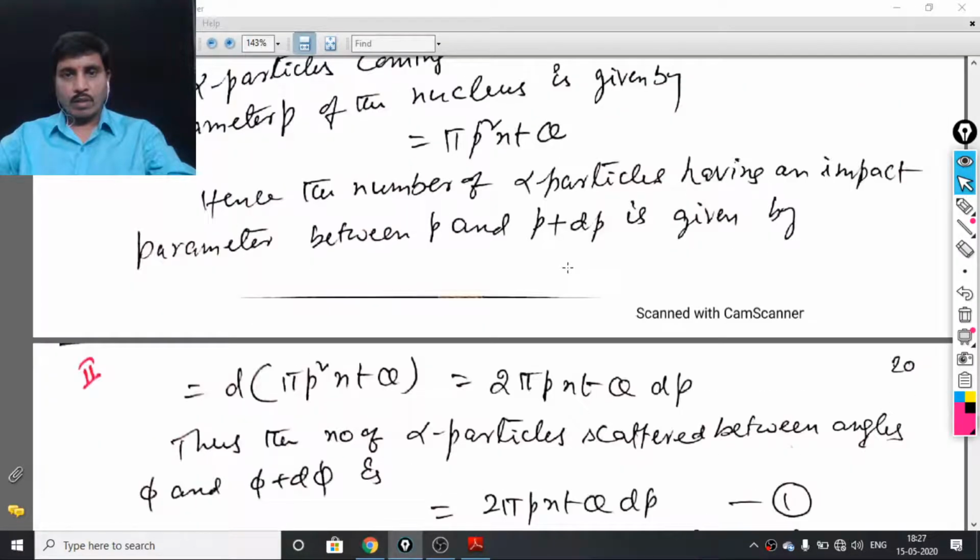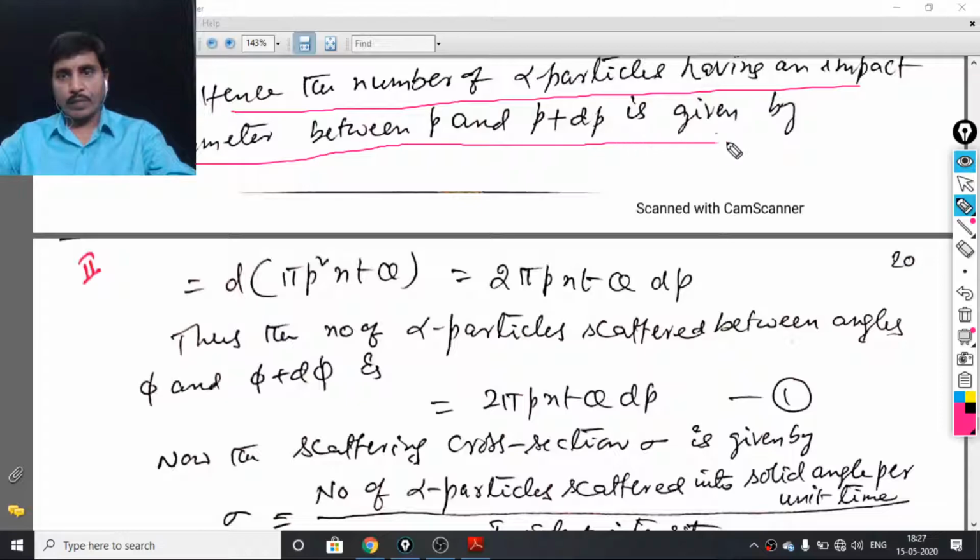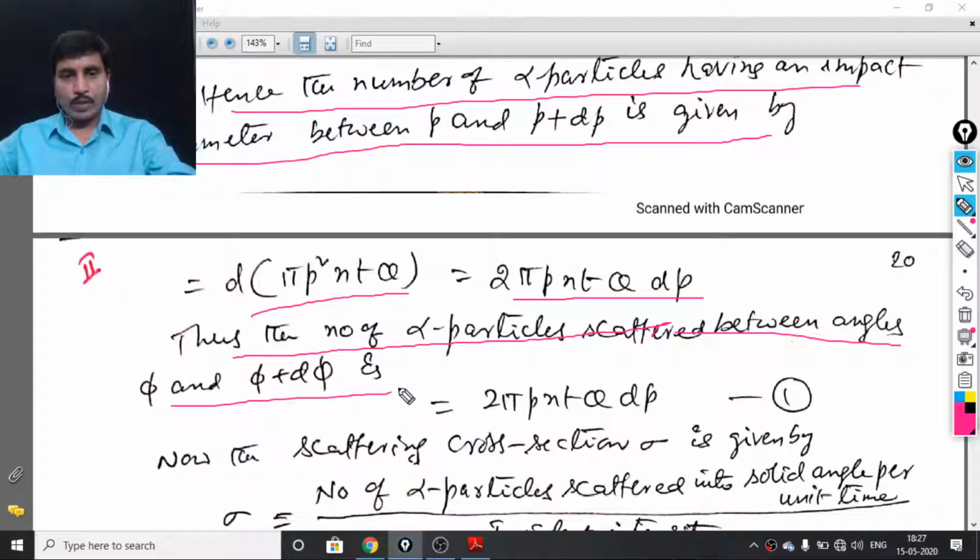Now, the number of alpha particles having an impact parameter between p and p plus dp is given by d of pi p square ntQ, that is equal to 2 pi p ntQ dp. Thus, the number of alpha particles scattered between angles phi and phi plus d phi is 2 pi p ntQ dp, that is equation 1.